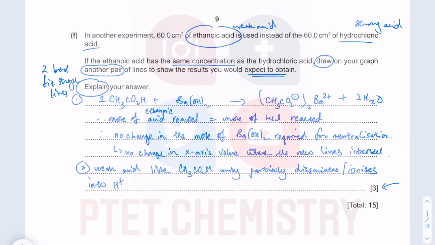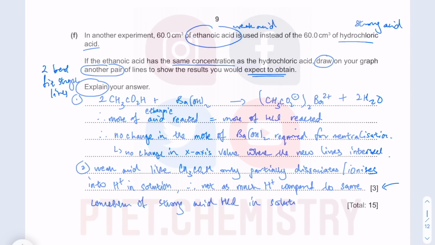Okay, it ionizes into H plus in solution, whereas a strong acid dissociates completely into H plus in solution. So therefore, there is not as much H plus compared to the same concentration of strong acid HCl in solution.